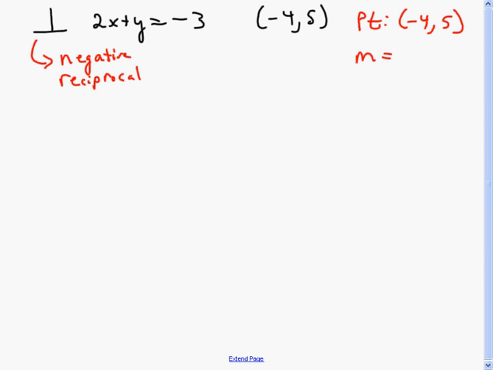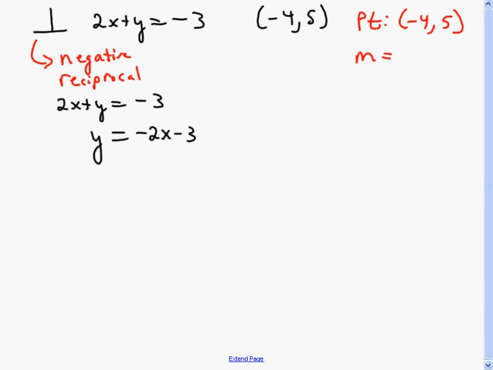So I'm going to take the line that I'm given, write it down here again so I can do this all in one step: 2x plus y is equal to negative 3. So I have to put that one into slope-intercept form to find its slope. If I move that 2x over to the other side, this becomes y is equal to negative 2x minus 3.